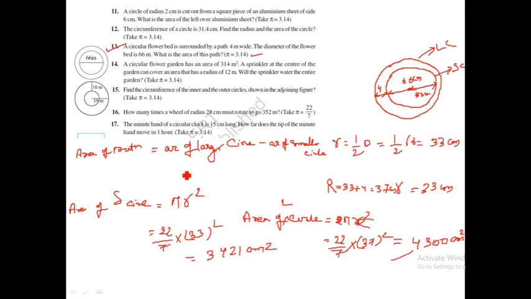Area of larger circle is 4300 minus 3421, subtract, and this will be around 879. This will be your square units. So this is your answer.